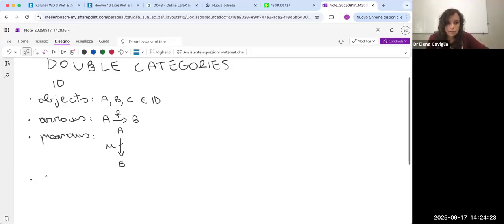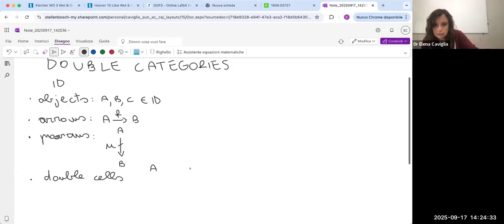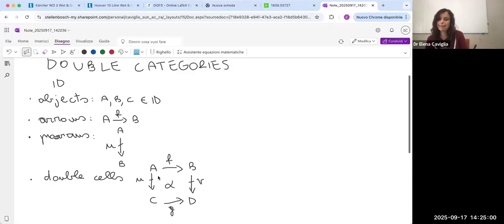And then we have what are called cells or double cells. So if we have a square where the horizontal arrows are just arrows F and G, and now we have also two pro-arrows U and V, a double cell is something inside the square, so we call it alpha.